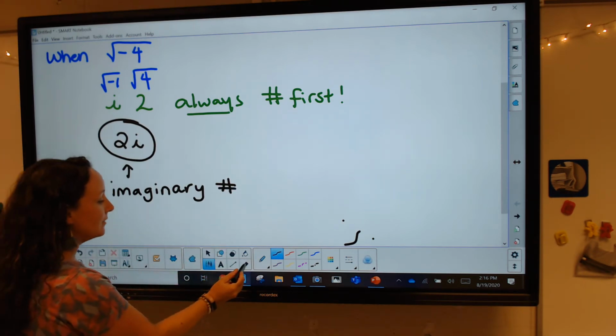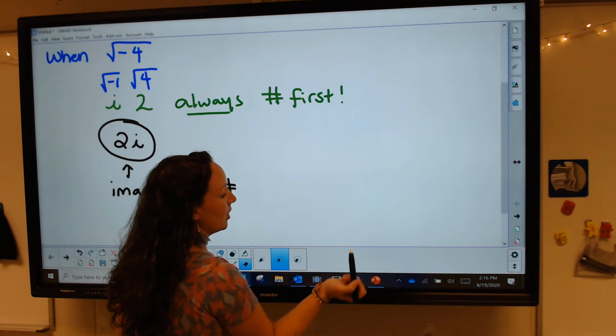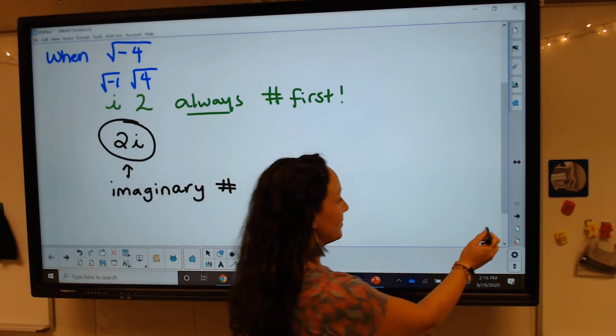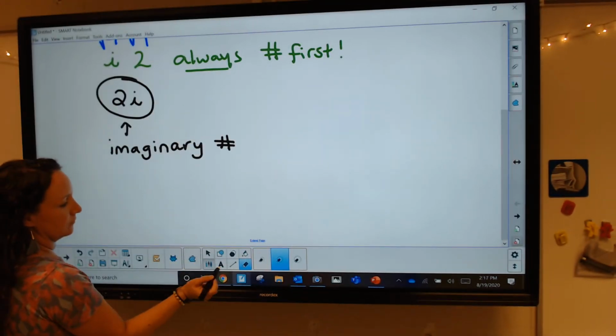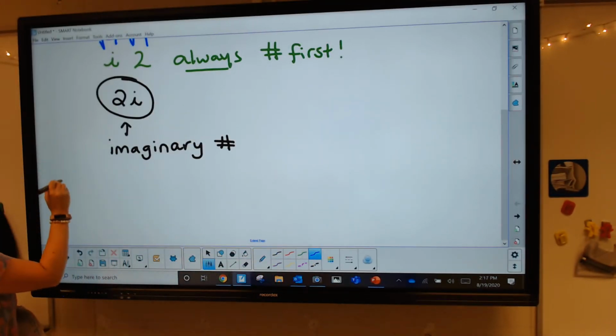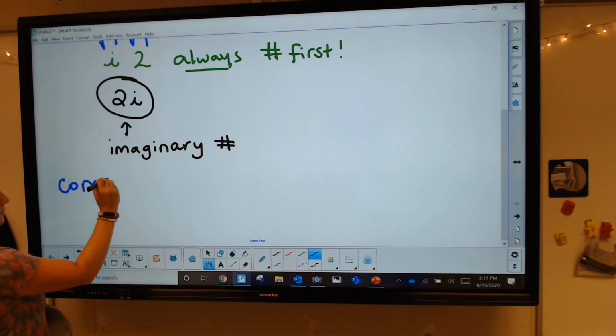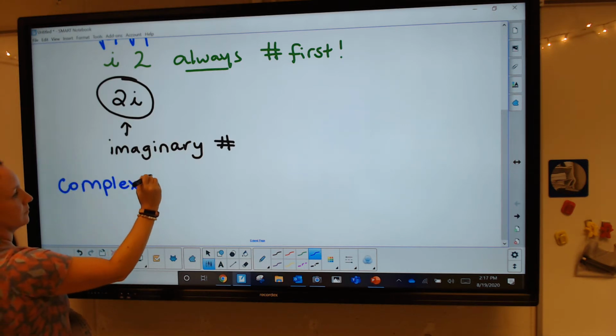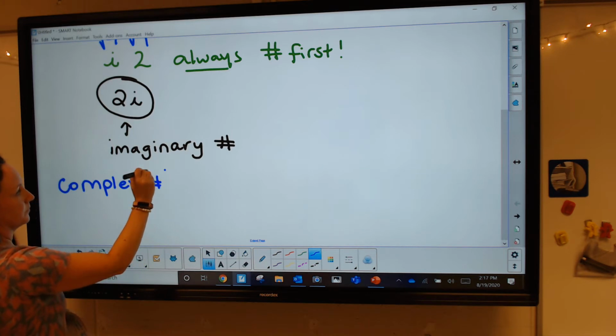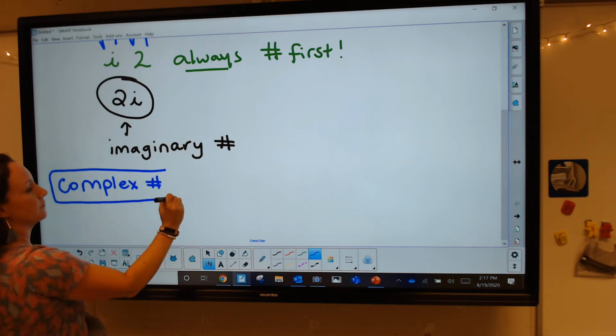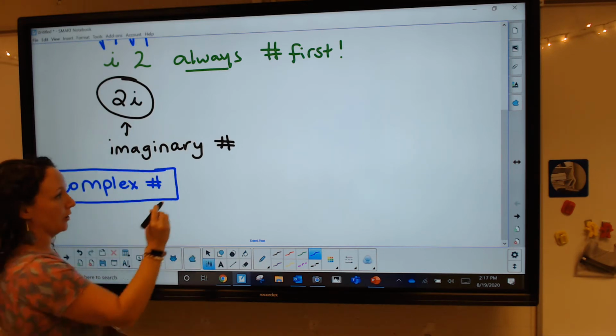Something else that they're going to sometimes talk about is a complex number. A complex number has 2 parts.